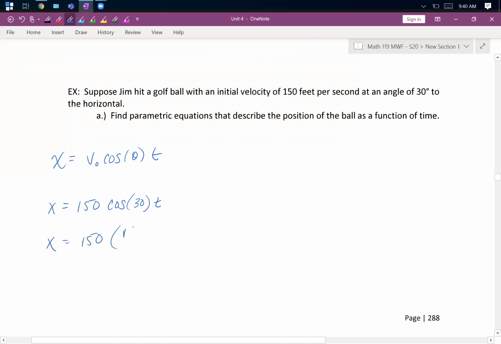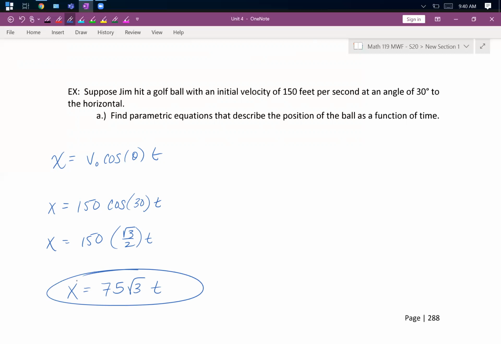Cosine of 30 degrees is square root of 3 over 2. So this can simplify to x being 75 square root of 3 times t. Any questions on the x?